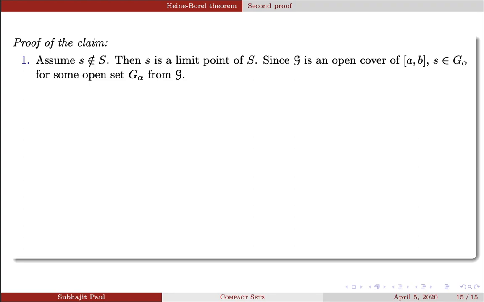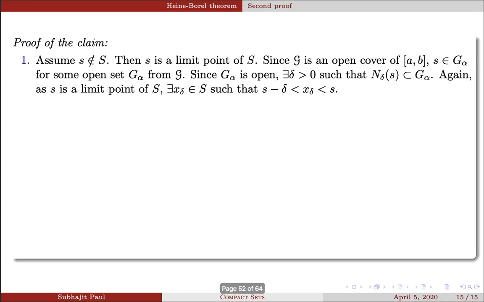So since s is a point in the closed interval [A,B], s must be covered by some open set G alpha from the collection script G. Now, since G alpha is open and s is a point there, it is an interior point, so there is a delta positive such that the delta neighborhood of s is inside the open set G alpha as well.